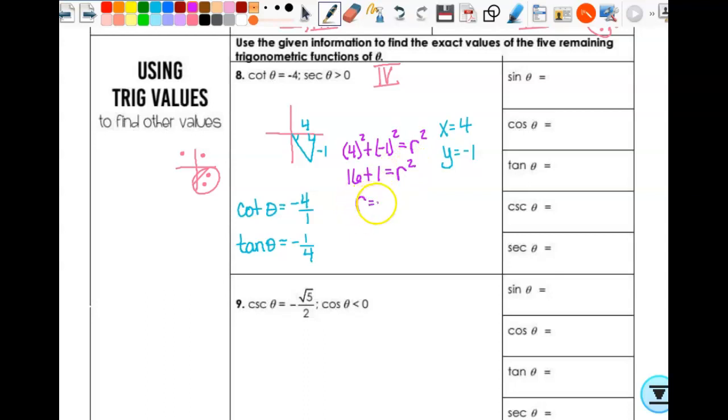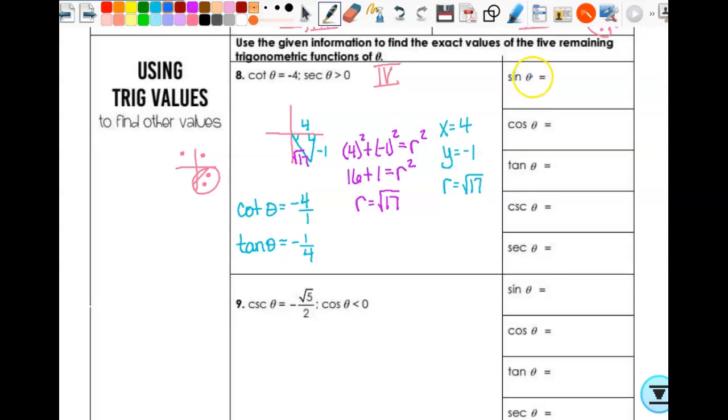So r equals technically plus or minus the square root of 17, but I only want the positive one, so it's just the square root of 17. So that's how I use all that information to get my x, y, and r. Now that I have that, I can get my answers here.